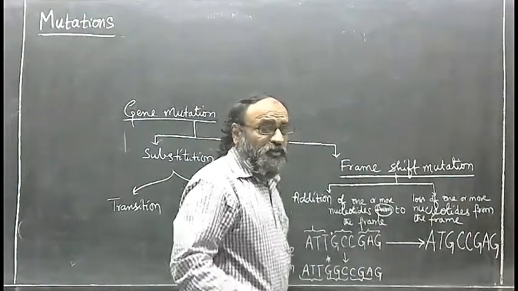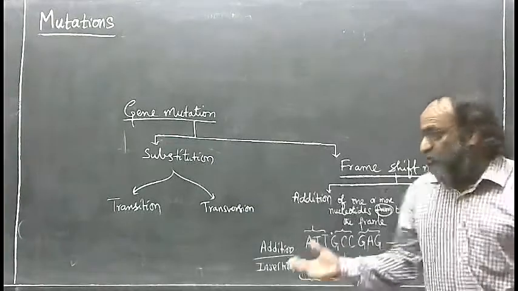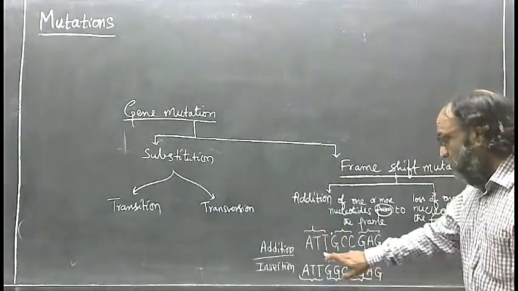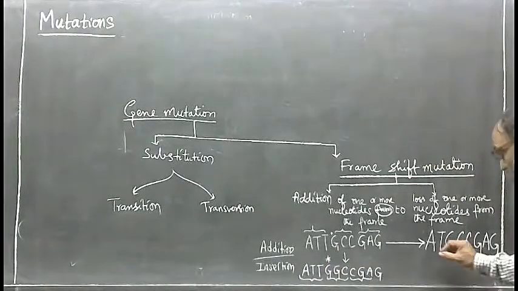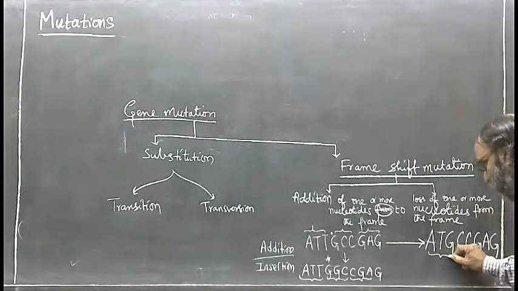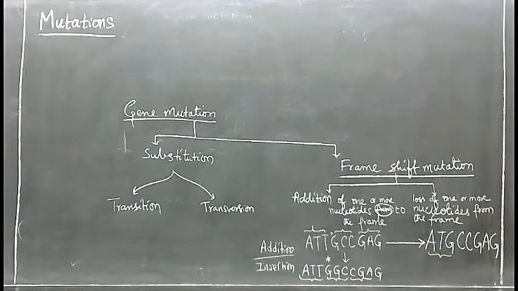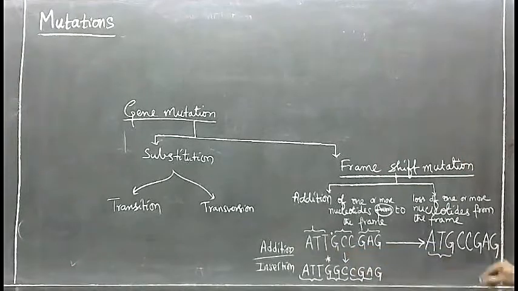Then what is the consequence of it? Earlier, that is before mutation, we have ATT as a codon. Now, the starting codon is ATG, not ATT. The second codon is GCC. Here, the second codon is CCG.